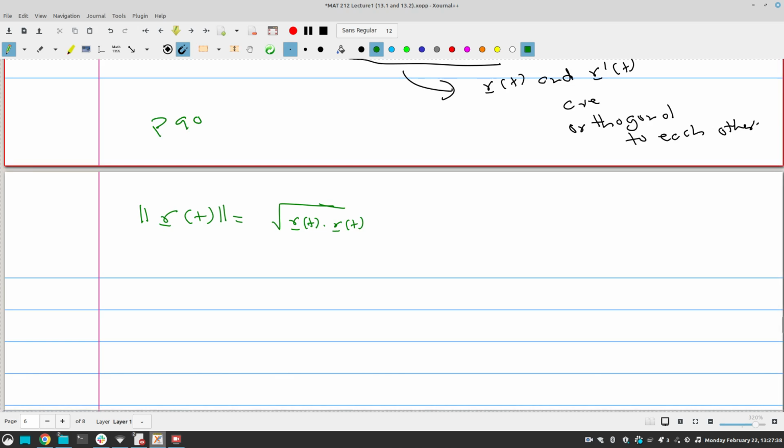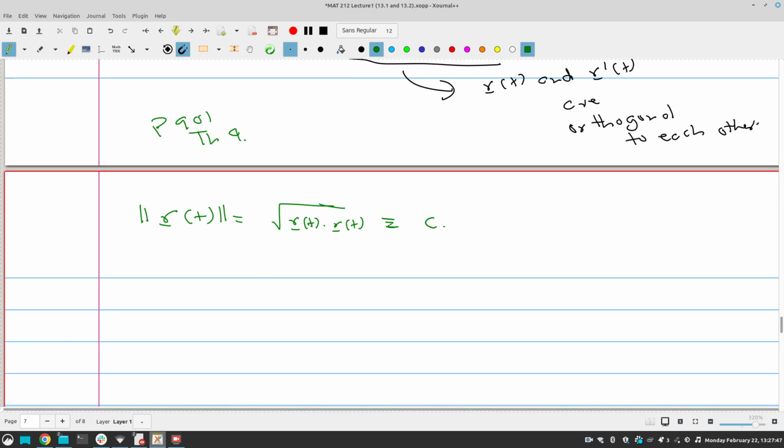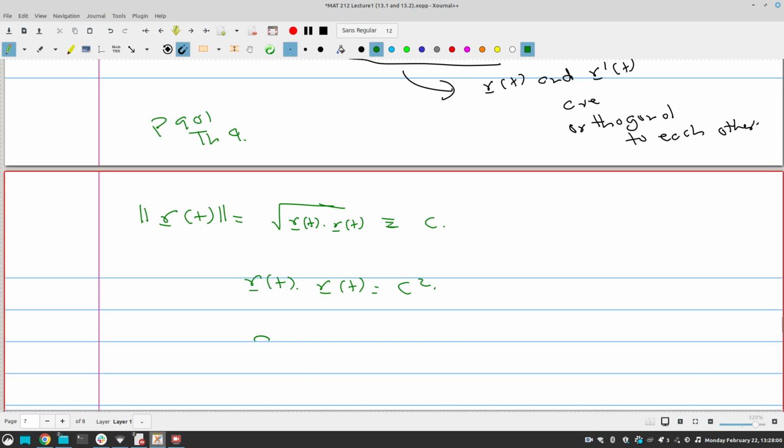So this is equal to c, which tells me that r t dot r t is going to be c squared. Now let's see what happens if we differentiate this. d over dt of r t dot r t equals d over dt of c squared, but since this is a constant, it is equal to 0.